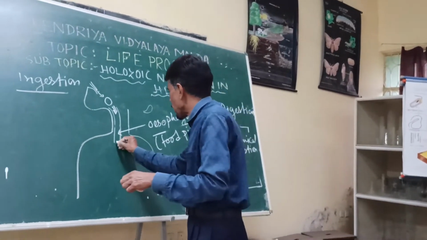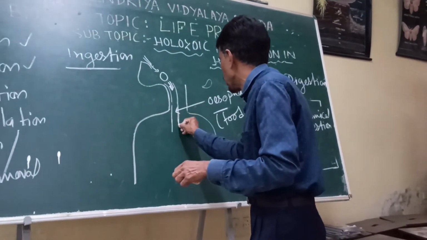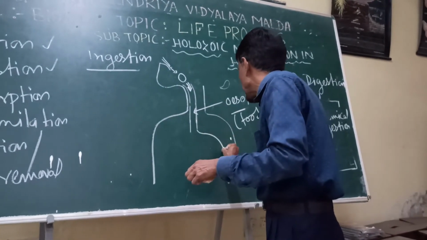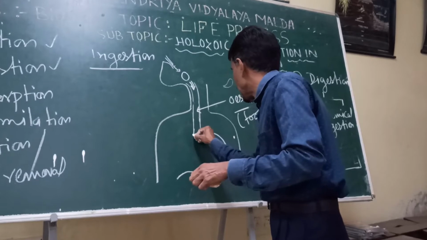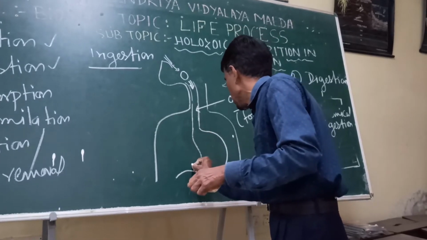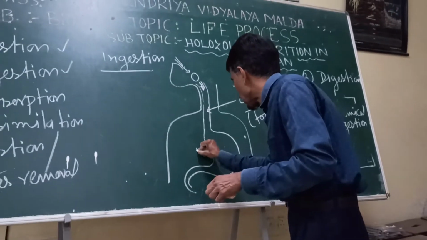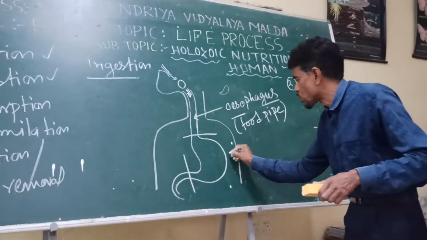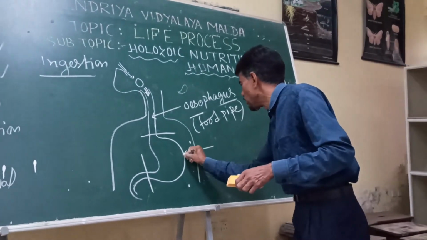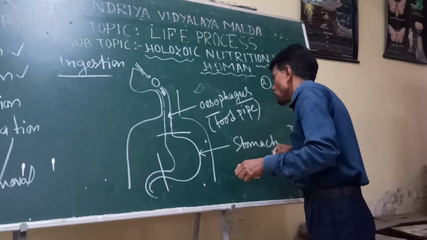From the esophagus, where will it pass? It will pass to a bag-like structure. A very simplified diagram I am drawing for you. This bag-like structure is called the stomach.